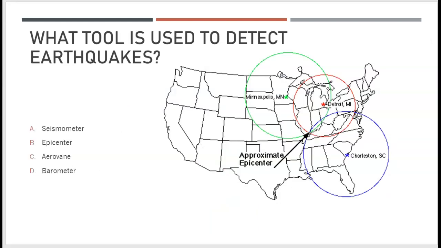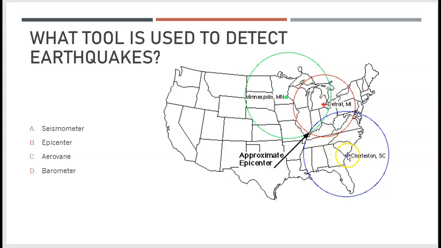We also need to look at earthquake detection. When earthquakes take place, what are the tools that we use to detect them? A, seismometers are the answer that we're looking for. And when we have information from 3 different seismic stations, so here is the place that the earthquake took place. A seismic station in Charleston, South Carolina can measure 2 different types of waves, S and P waves.